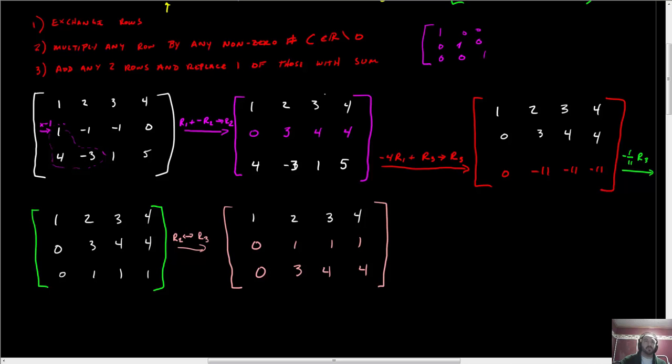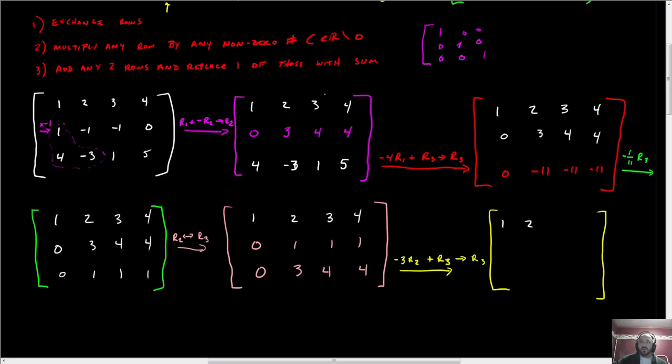It's bad enough. All right, so now I'm going to multiply row 2 by -3, and add that to row 3 and put the answer in row 3. So -3 times row 2 plus row 3 goes to row 3. Keep in mind again, rows 1 and 2 do not change.